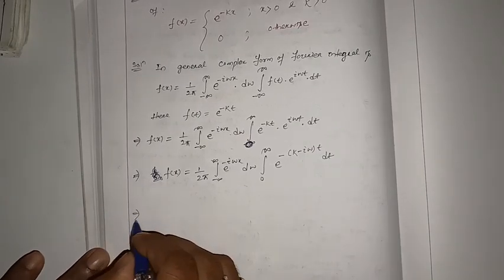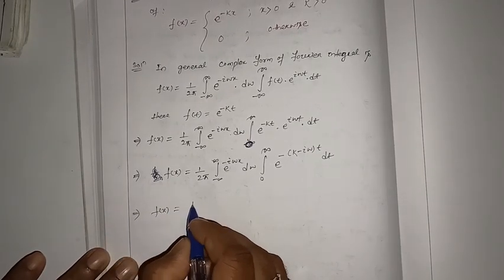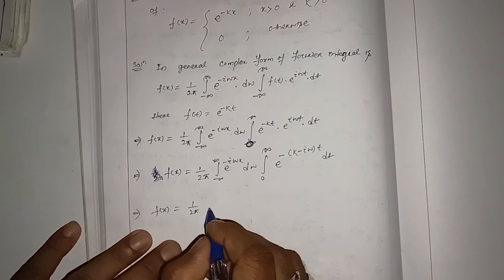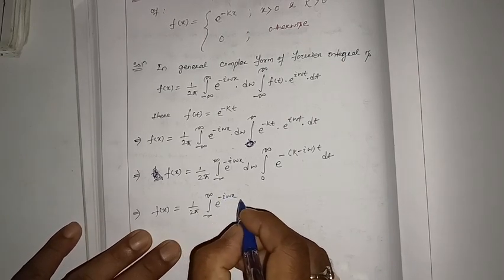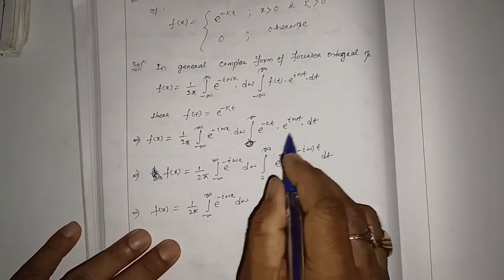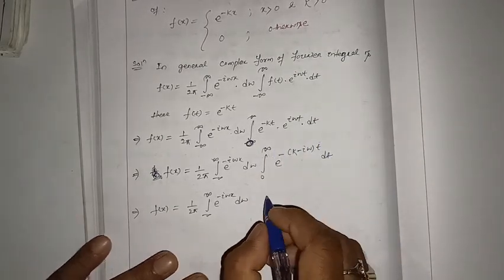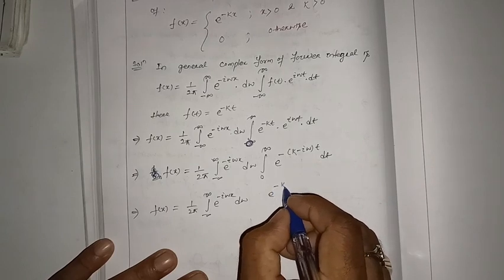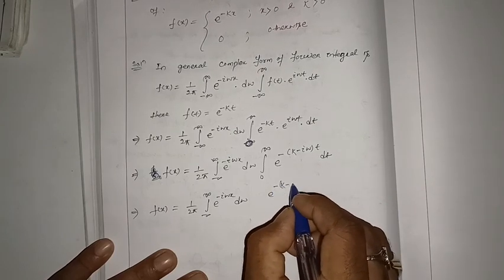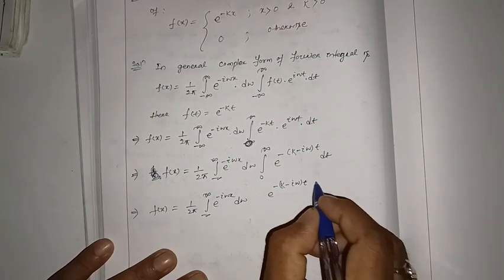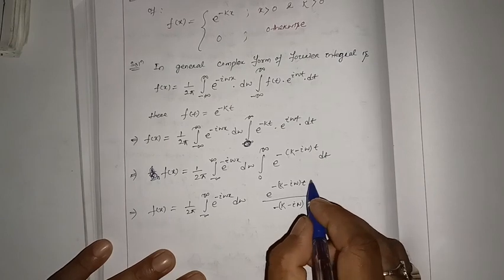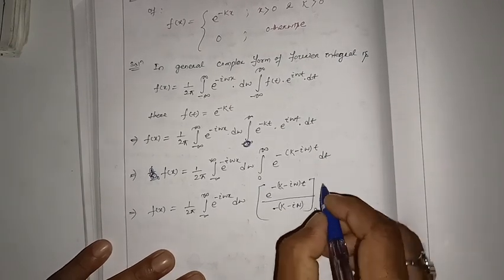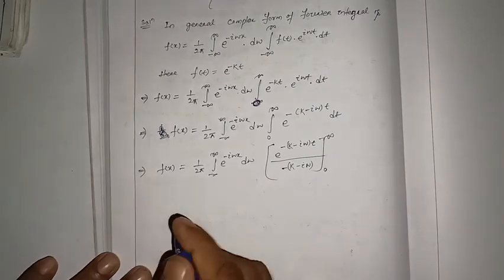That implies f of x equals 1 by 2 pi, integral from minus infinity to plus infinity of e to the minus i omega x d omega. Integrate this one with respect to t: we get e to the minus k minus i omega t by minus of k minus i omega, and we have to use the limit from 0 to infinity.